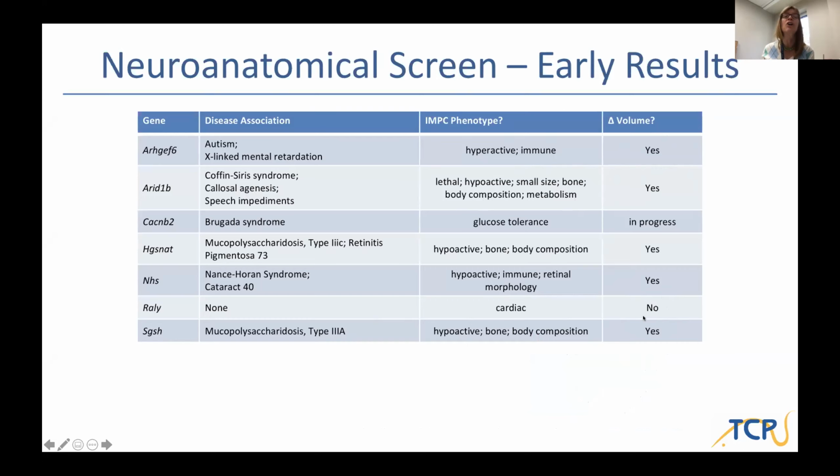So that's gone off to different people who are interested in studying that gene in respect to cardiovascular development. So this has been really successful for them, and they have several papers in the works that should soon be published, including one on ARID1B and one on another gene that's not shown here at this time. So that is one example.